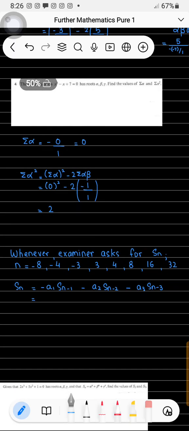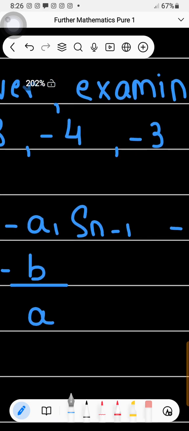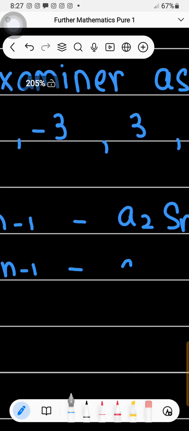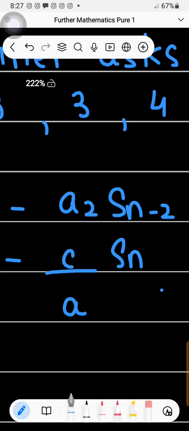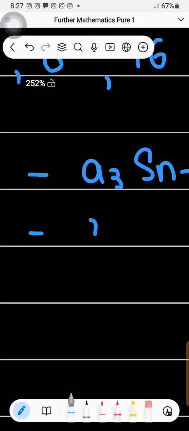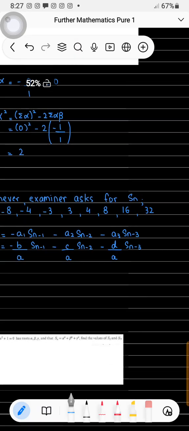So I will tell this. a1 is negative b upon a, for Sn minus 1. a2 is negative c upon a, for Sn minus 2, and a3 is negative d upon a, for Sn minus 3. Okay, till this.